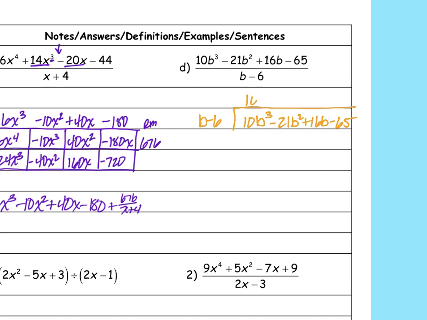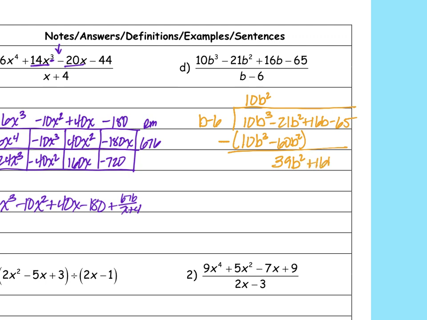So this will give me 10b squared. And I have 10b cubed minus 60b squared. And 60 minus 21 is 39. 39b squared. Oh, that's a minus.